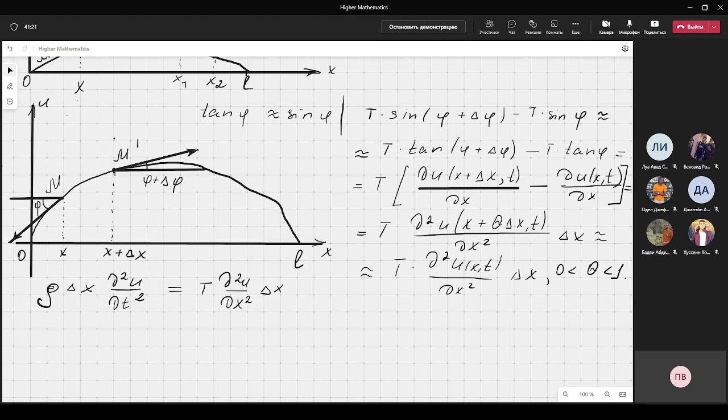Cancelling out delta x and denoting T over rho as a squared, we get the equation of motion: the second derivative of u with respect to t twice equals a squared times the second derivative of u with respect to x twice.